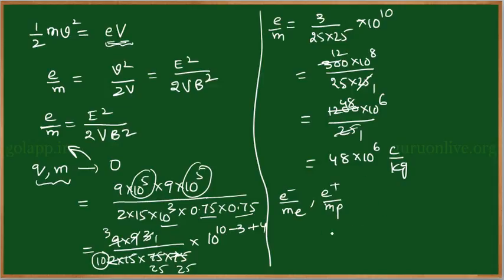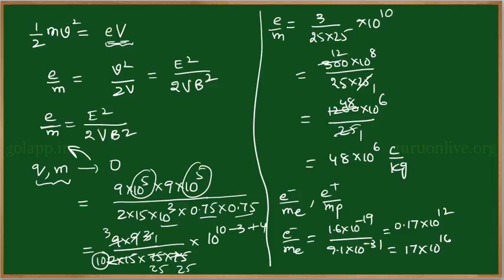So the e by m ratio of electron is equal to 1.6 into 10 to the power of minus 19 divided by 9.1 into 10 to the power of minus 31, that is equal to 0.17 into 10 to the power of 12, or else I can write 17 into 10 to the power of 10.